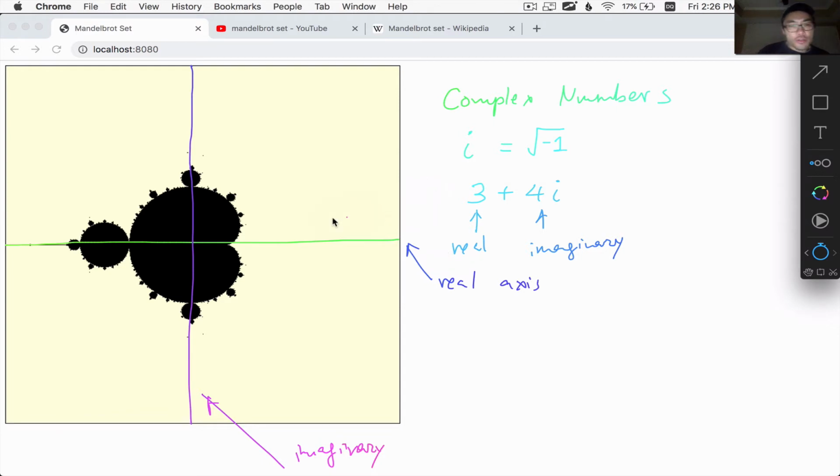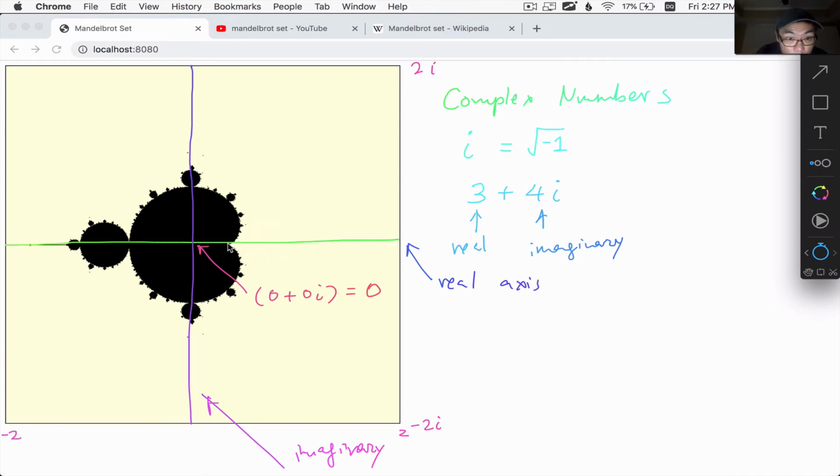This graph is scaled so that over here it's -2 and over here it's 2, and on the vertical axis, here we have -2i, whereas here we have 2i, which means the center of this graph is 0 plus 0i, or simply 0.